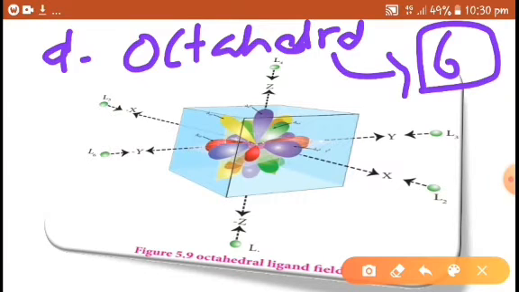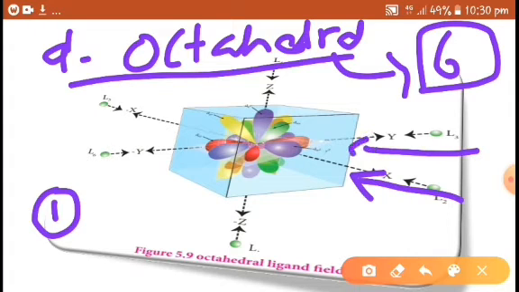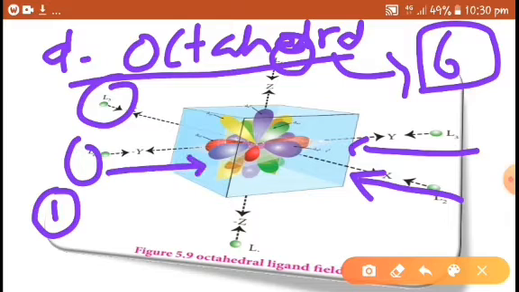So here, x, y, z, 3 axes. In octahedral complexes, ligands approach the metal ion along the axis. So you can observe here that all 6 ligands approach the metal ion along the axis.